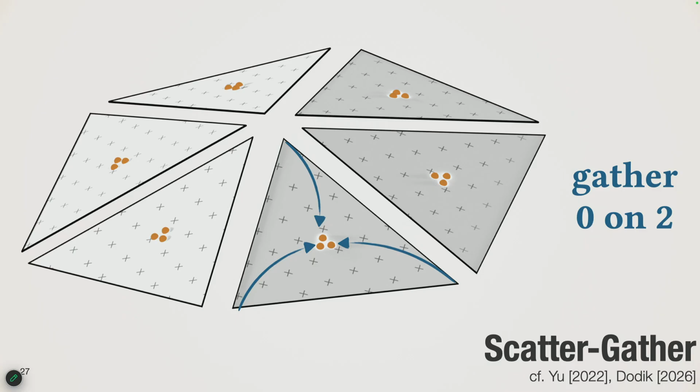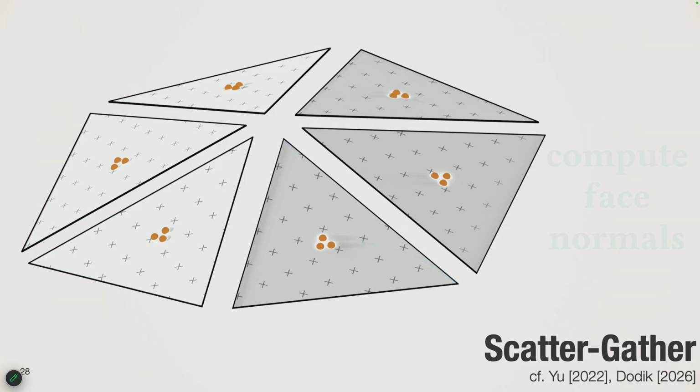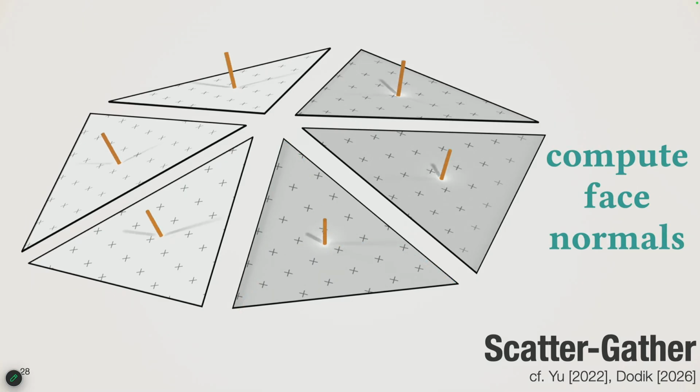And so we can simply use standard PyTorch cross-product operations to compute the per-triangle normals. And now we have a 3-vector per face, and we want to scatter that back to the vertices. We somehow want to transfer this information, distribute it to all of the vertices.